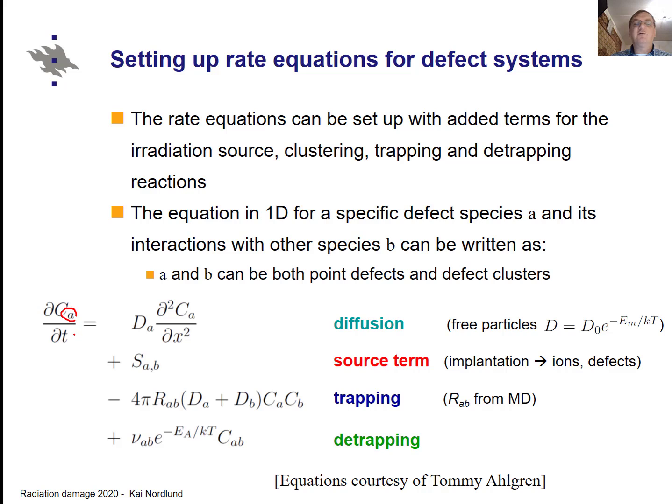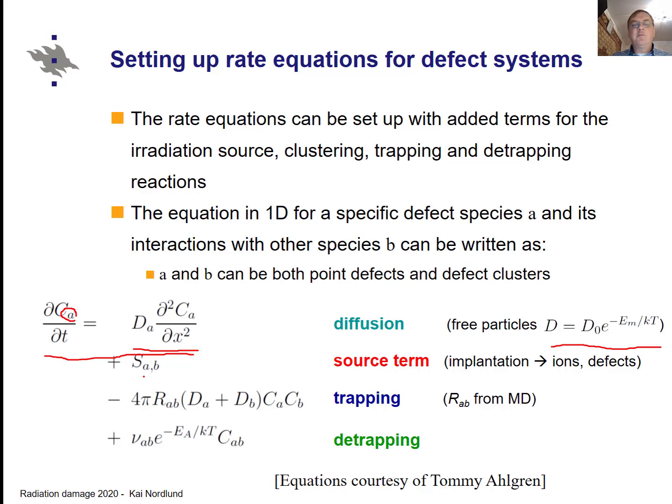And then it's also a function of time, and the aim is to solve the time dependence of the evolution of the defect concentration. And the simplest term here is the diffusion of this species. So this can, for instance, be vacancy migration or interstitial migration, and typically is described with the Arrhenius factor as mentioned. So these first 2 terms are the basic diffusion equation for a single species.